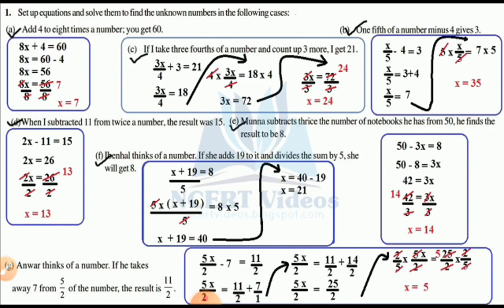Correct? Yes. 7 moving to the right side becomes 14. Why? Because 2 is the LCM. So cut the numbers, simplified.